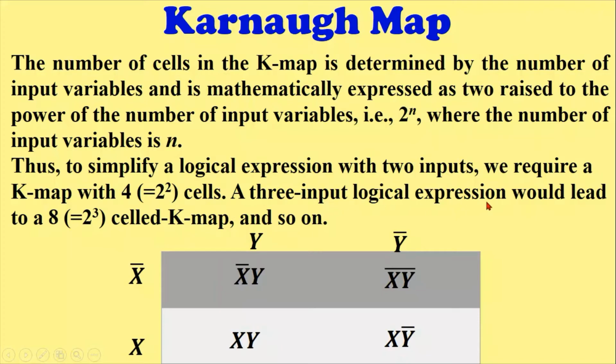A 3 input logical expression would lead to 8 cells: 2 to the power 3, you have 3 variables, so you put 3 in place of small n, then it will be 8 cells in the Karnaugh map, and so on. In this slide there is a 2 variable Karnaugh map in front of your screen. So now we are going to draw the Karnaugh map of 2 variables.